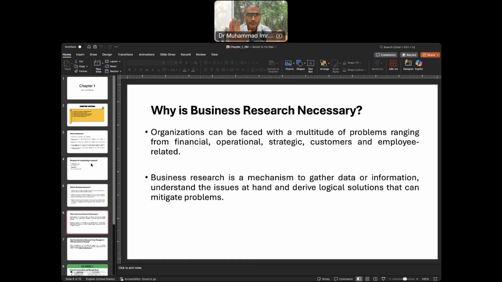Okay, so why is business research necessary? Another question is, in previous slides, slide number 5, we covered, or we tried to understand, business research. What is business research? Now why are we conducting it? An organization can face multiple problems, ranging from financial, operational, strategic, customer, and employee related.